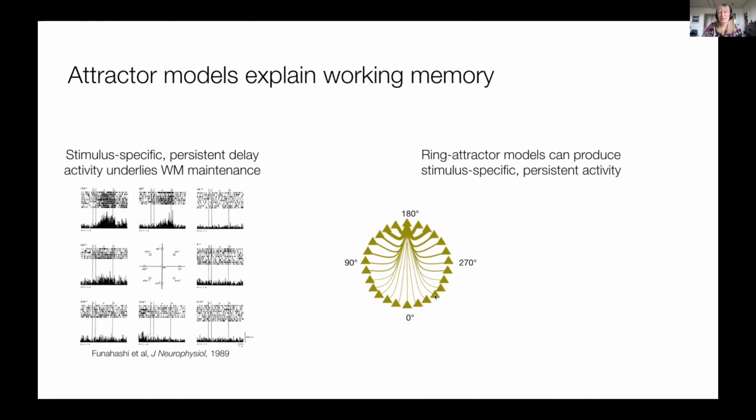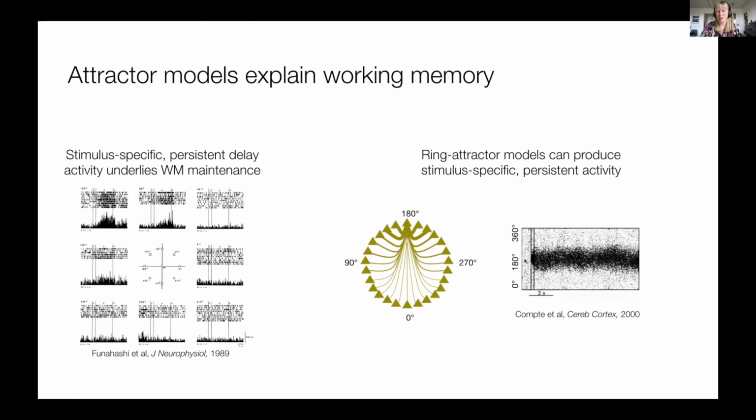And so what these models achieve is that activity is passed back and forth between neurons with similar preferred locations. And through time, these neurons will keep firing and they hold the memory throughout the whole delay period, as you can see here in this bump of activity that persists through time.